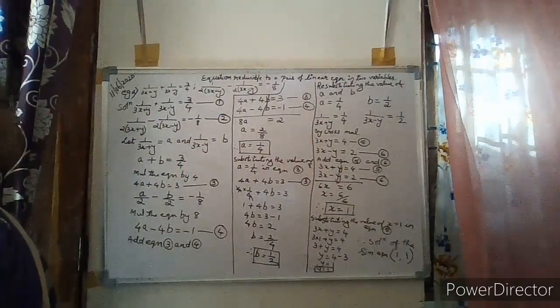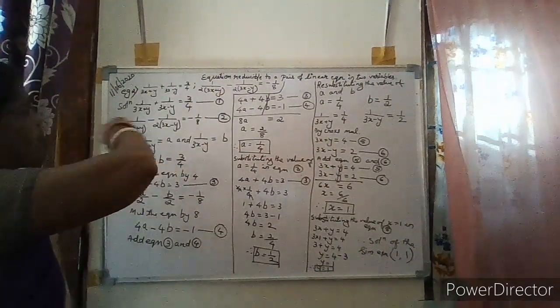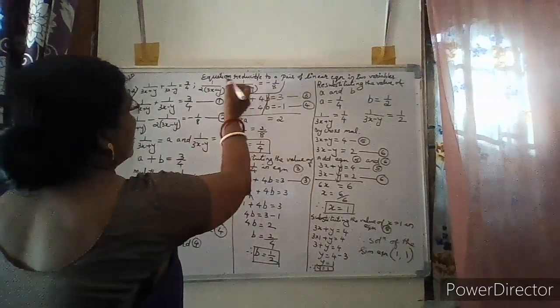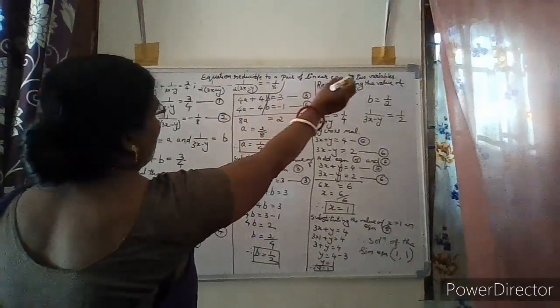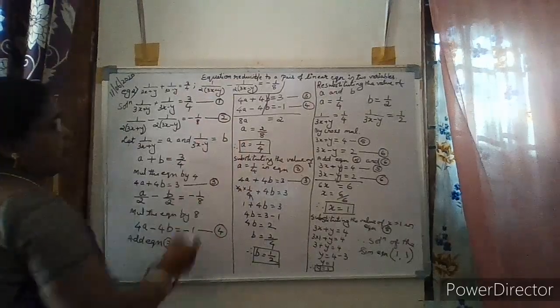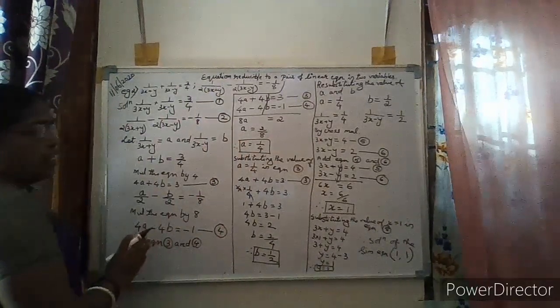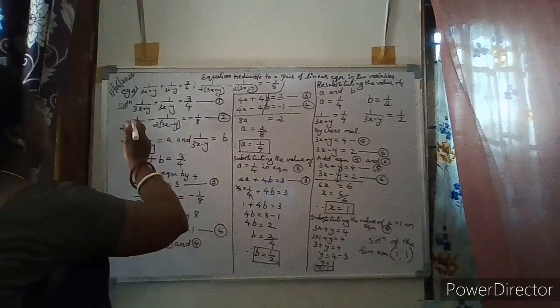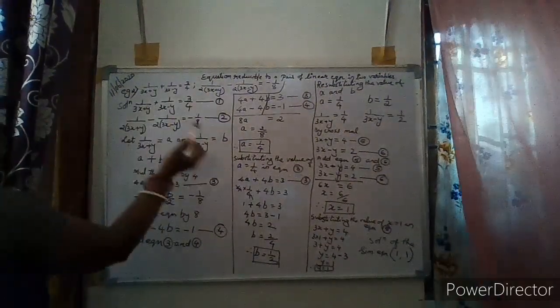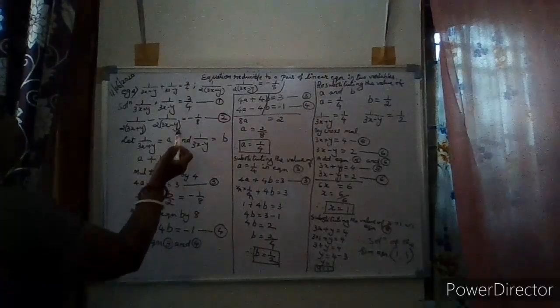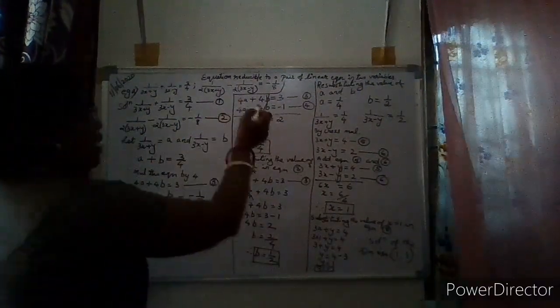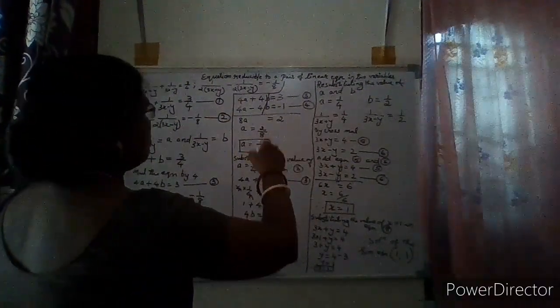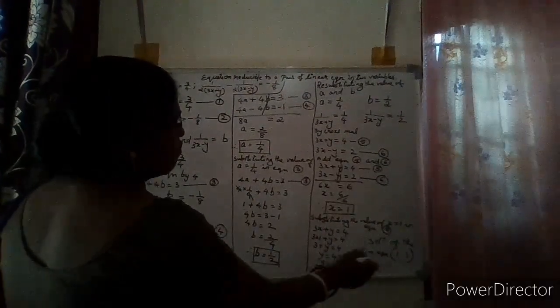So, in this way, for equations reducible to a pair of linear equations, we have to bring it into the linear form, and then by substituting, see, this is equal to a and b, and then again by resubstituting it after getting the value of a and b, we can find the value of x and y.